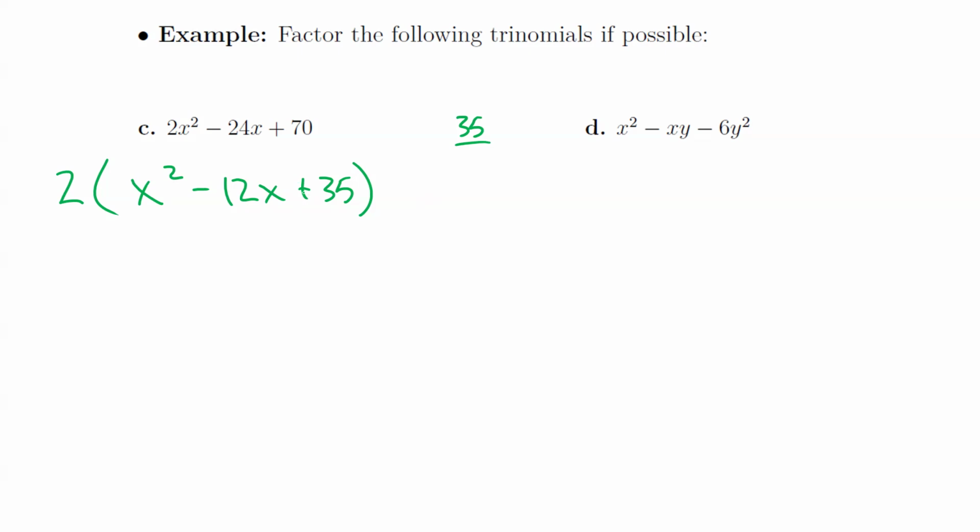Notice that it's positive 35, but the middle term is negative. So that must mean that positive 35 is produced by multiplying 2 negatives together. That clearly is not going to add to make -12, but the other possibility of -5 times -7, that will work.